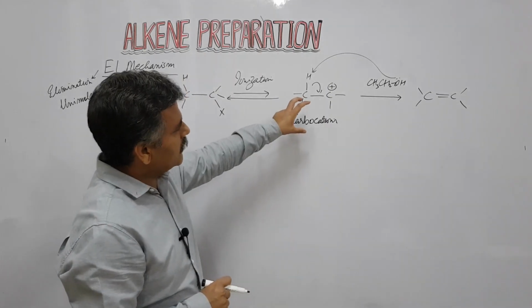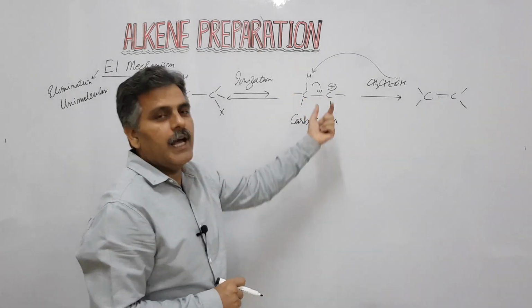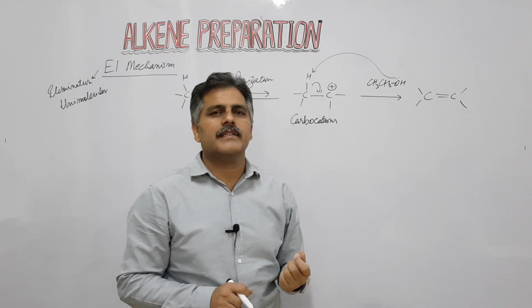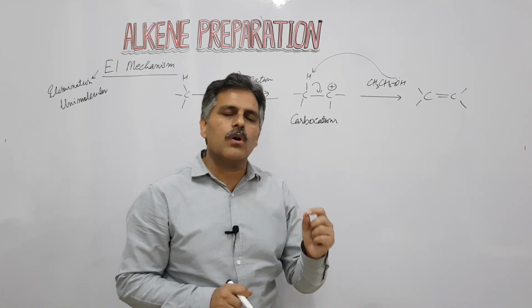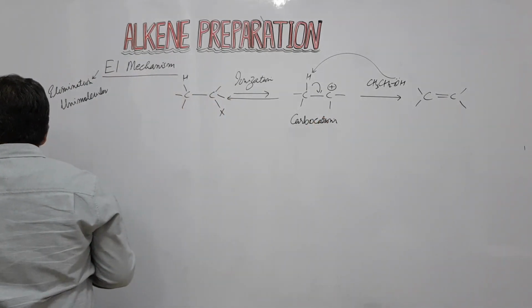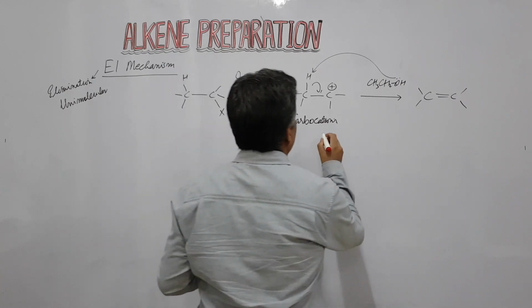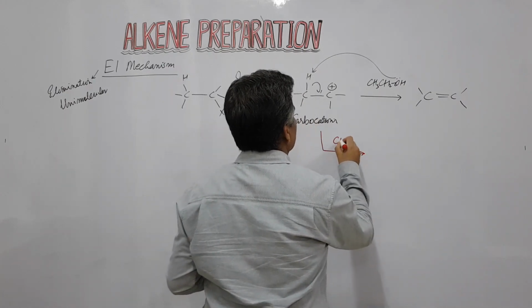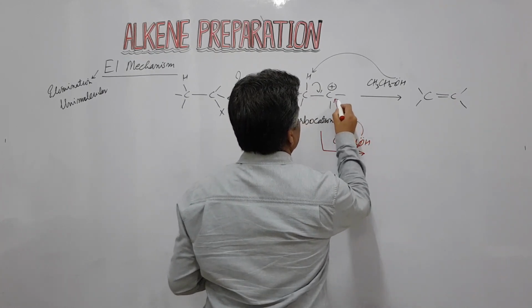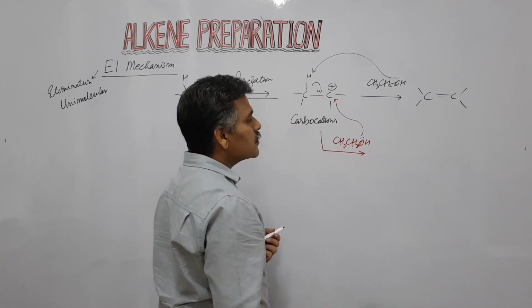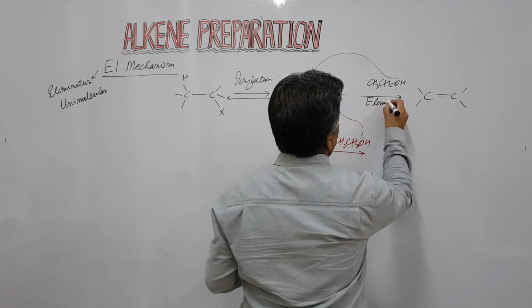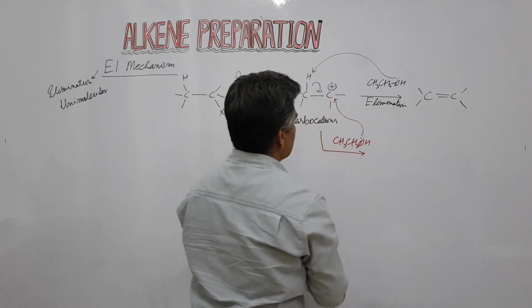If you discuss nucleophilic substitution reactions and the SN1 reaction, the SN1 reaction also involves the same intermediate, a carbocation. So it means these E1 reactions are accompanied by substitution reaction, in which the solvent attacks at this carbon, resulting in the substitution reaction. So this is elimination and this is substitution.